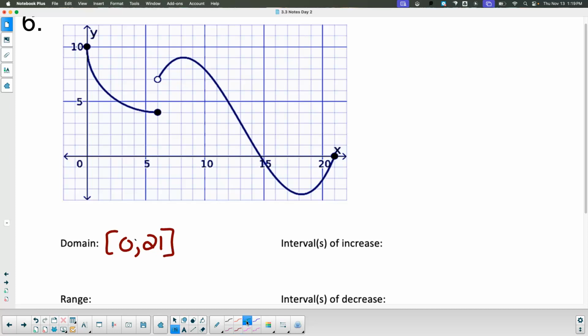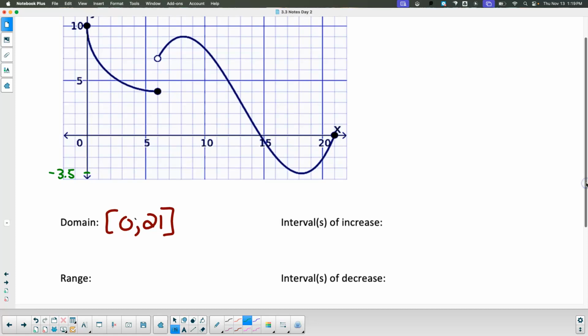Down here somewhere, kind of right in there. Bracket, negative 3.5, comma, 10, bracket. No.